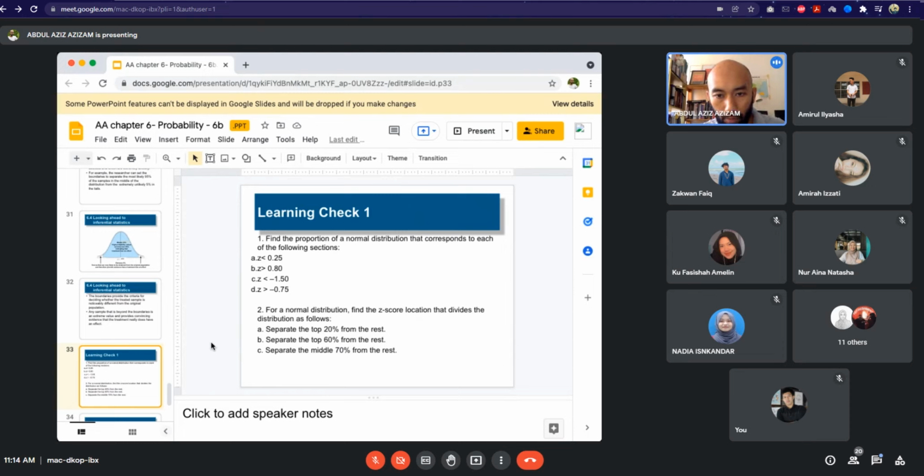Yalah, kena cari proportion lah, betul tu. Cari proportion di dalam statistical table, dalam Z table tadi. Okay, the first one, Z is greater than 2.25. Smaller than lah. Sorry, smaller than 2.25.